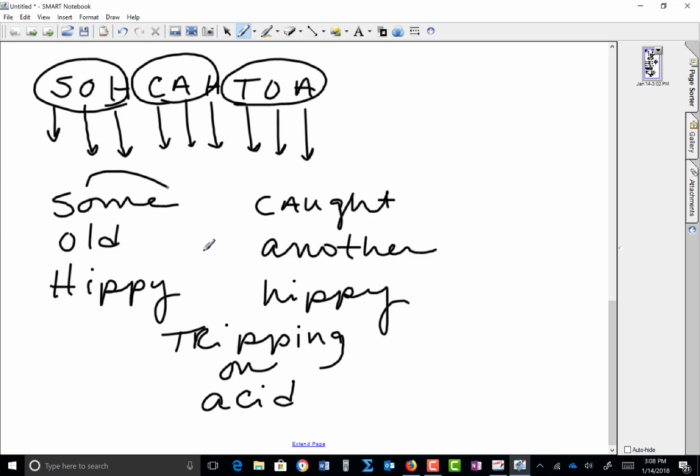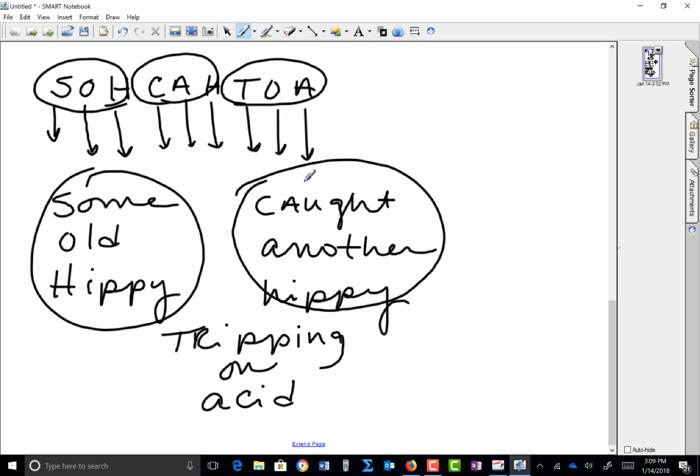So those are the three main trig functions, and then of course the other three are just the reciprocals of those, and that might help you remember those.